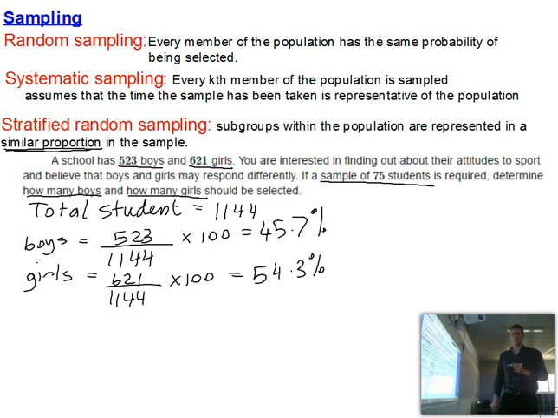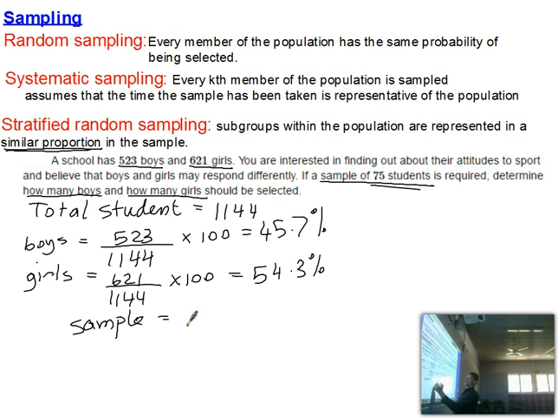Okay, now, they're the proportions of boys and girls. So we need that same proportion in our sample of 75. So for our sample, for our boys in the sample, we need 45.7% of our 75 students in our sample.